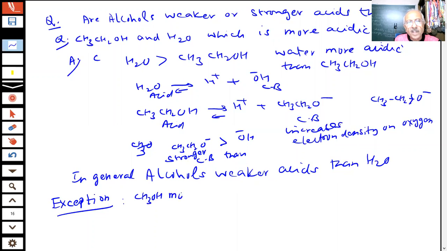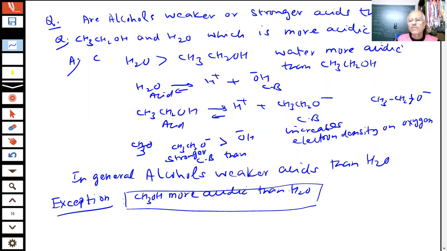CH3OH is more acidic than water. Only one exception; the rest will follow this statement. Note it down, student.